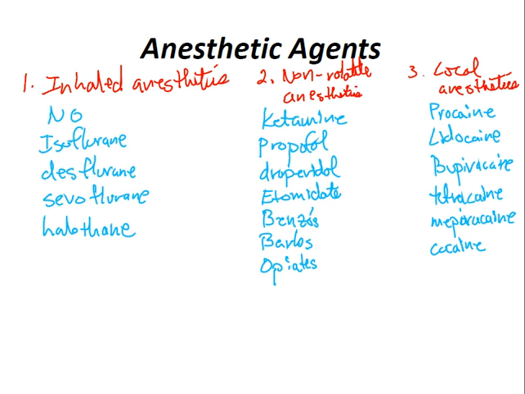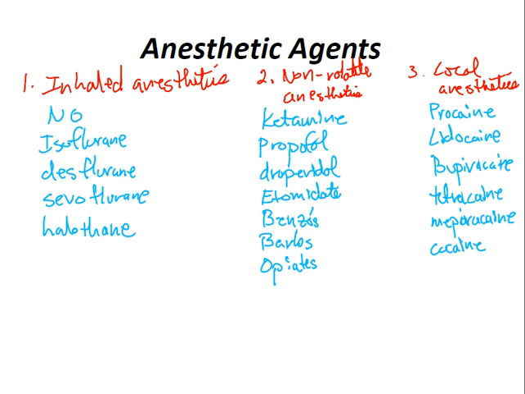If you have an agent with increased blood solubility, you're going to have a slow onset of the drug and a slow recovery time. This is going to stay in the blood longer, so it's going to take you longer to metabolize it and longer to recover. So that's what that's all about.